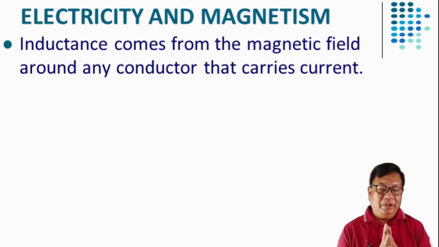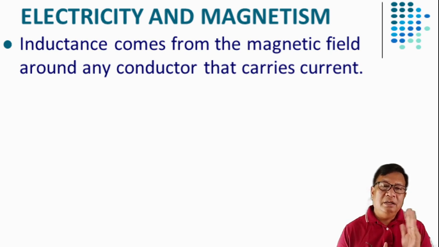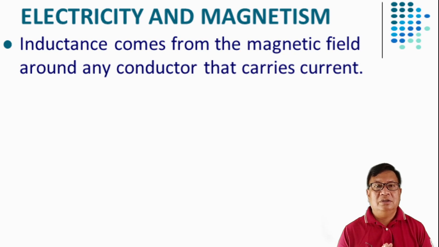So here we will be able to discuss the relationship between electricity and magnetism. Ano po ang kinalaman ng magnetism diyan sa production ng electrical energy? Inductance comes from the magnetic field around any conductor that carries current.